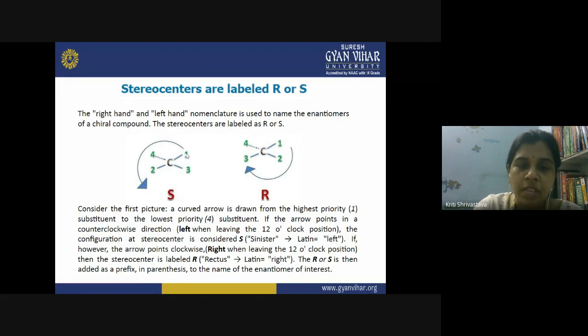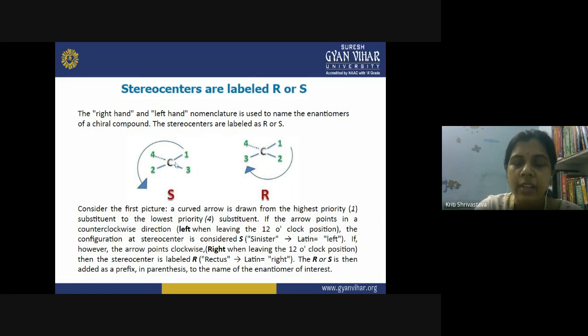If you see an anti-clockwise direction like this, right? If your substituents are in the anti-clockwise direction, one, two, three, this is the anti-clockwise direction, so you assign the configuration S. And if you see the clockwise direction like this, one, two, three, so this is the clockwise direction, and you assign it R. So in this manner, you give the absolute configuration of the molecule, and S is left-handedness and R is right-handedness.